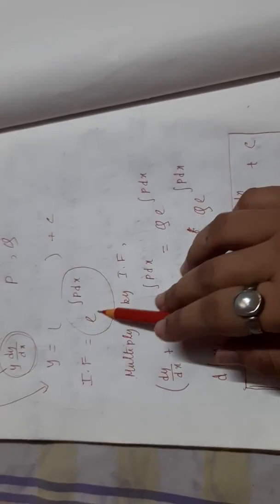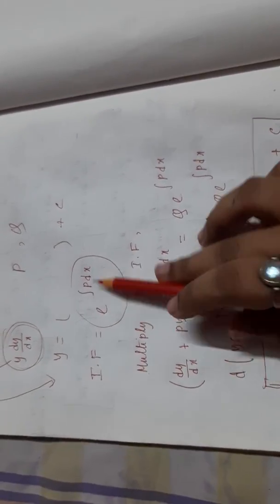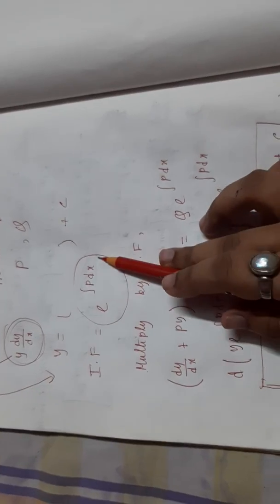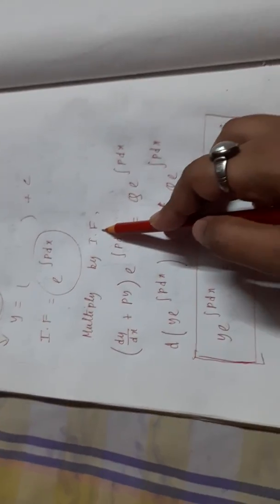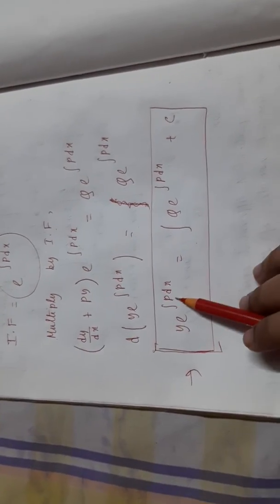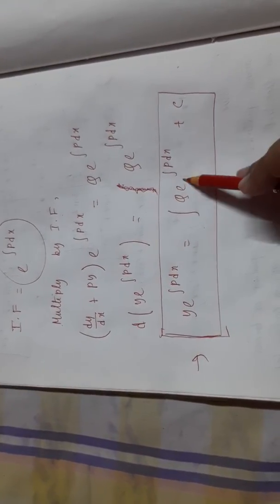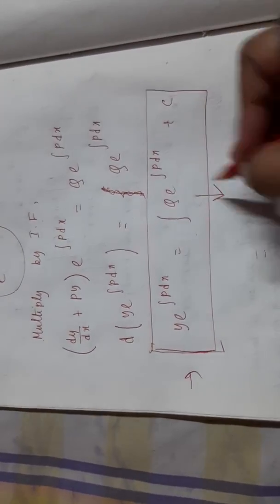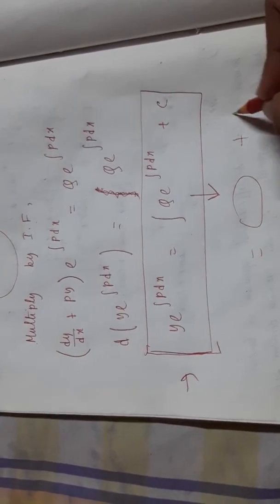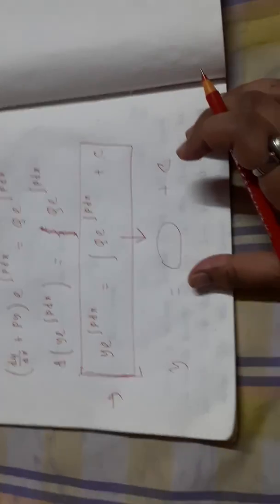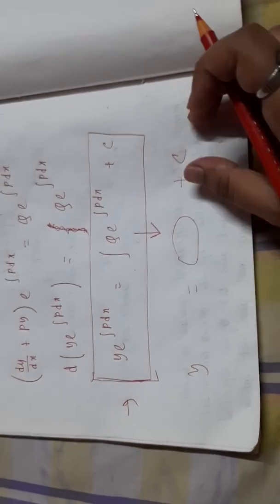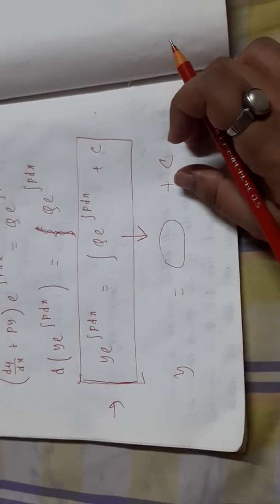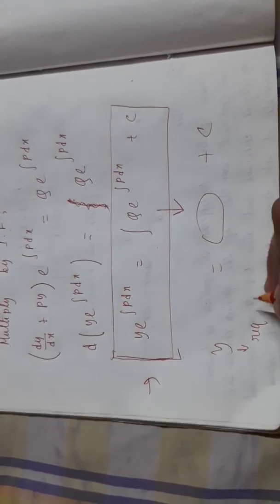Then we calculate the integrating factor e to the power integration p dx, and then multiplying by the integrating factor we can write this line directly, that is y e to the power integration p dx equals integration q into e to the power integration p dx plus c. Then from this integration we have y equals some function of x plus c, where c is the arbitrary constant. So this is our required solution.